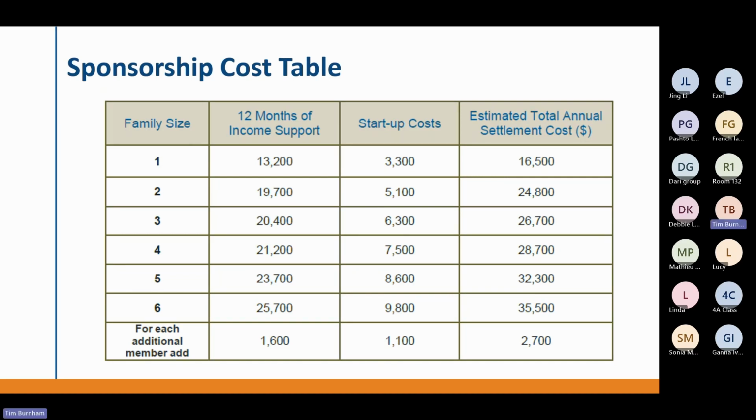This is a table that shows the cost of sponsoring refugees based on their family size. So you see in one column, it shows the 12 months of their income support.